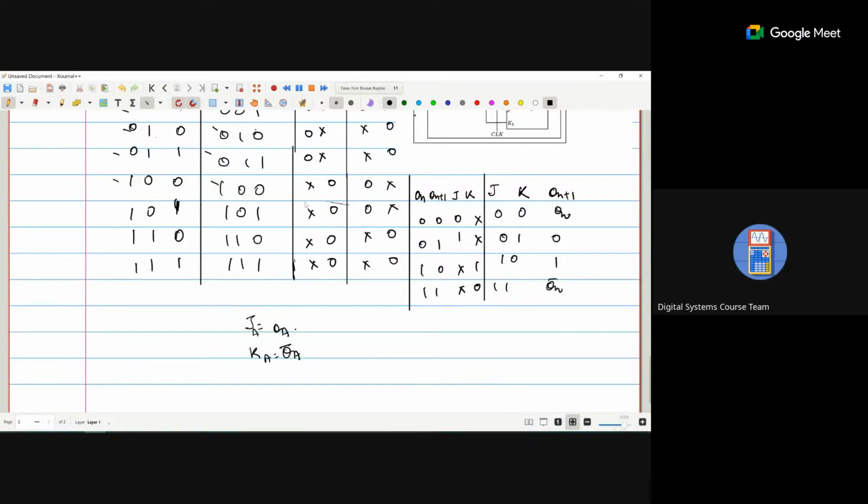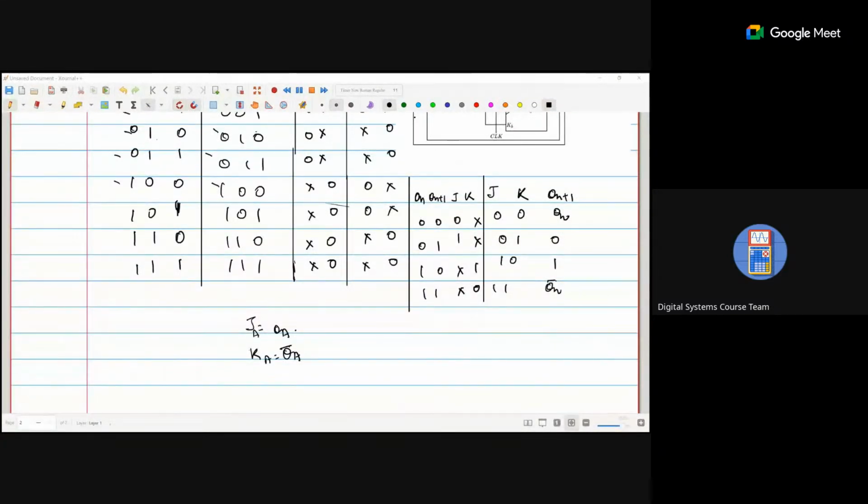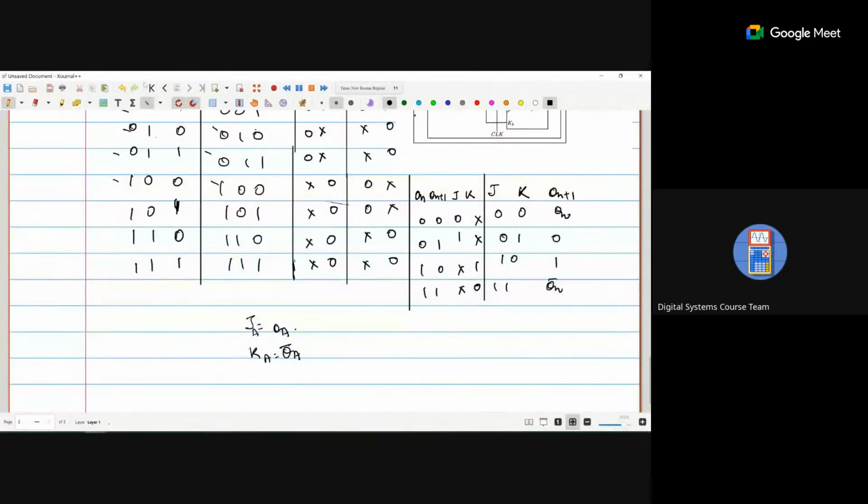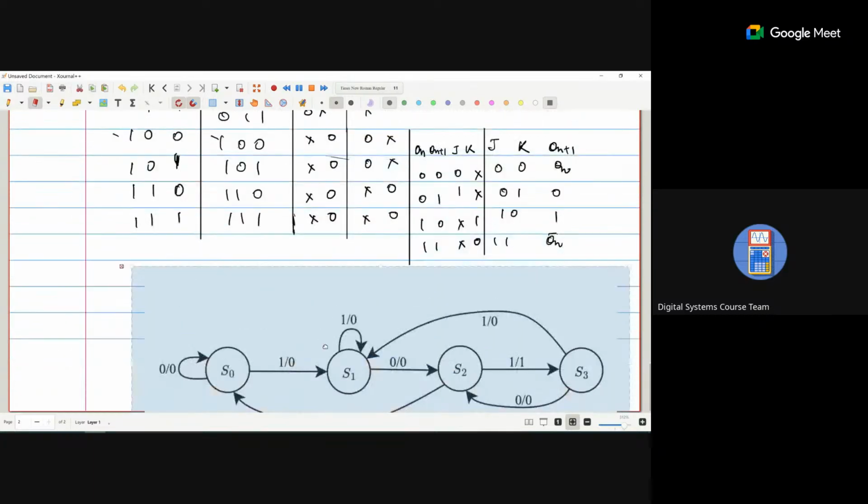Now we have to implement this one using this. So it is a copy image, paste image.